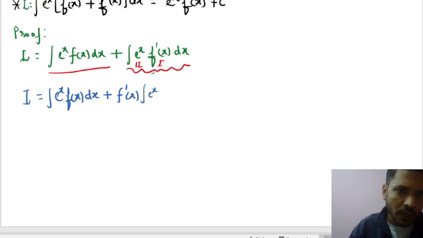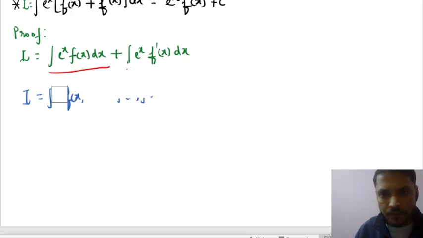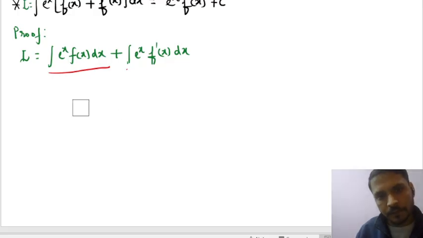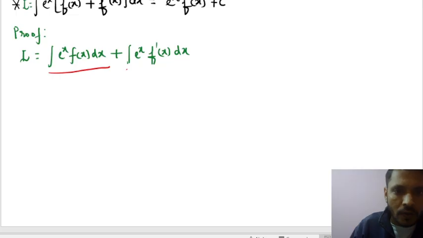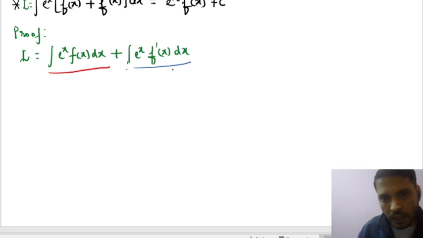Let us suppose we take the integration of this first part instead. Already it is given in the f dash. So here, instead of this part, we are going to consider the first part. This we are going to integrate, and this part will be as it is, no changes.